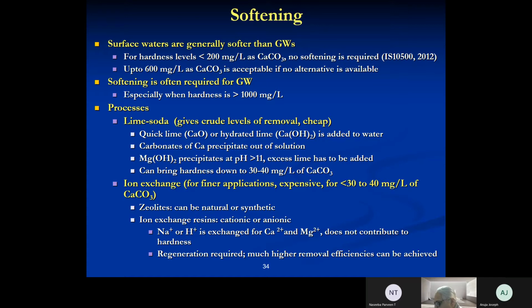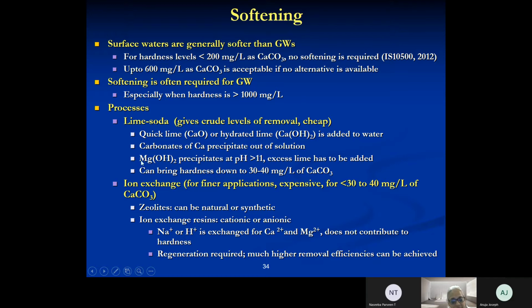Yeah, so the solubility limit for calcium carbonate is 15 milligrams per liter at 0 degree centigrade. That's for sure. And the practical limit is 30 to 40 milligrams per liter of CaCO3. So this precipitates out of solution.